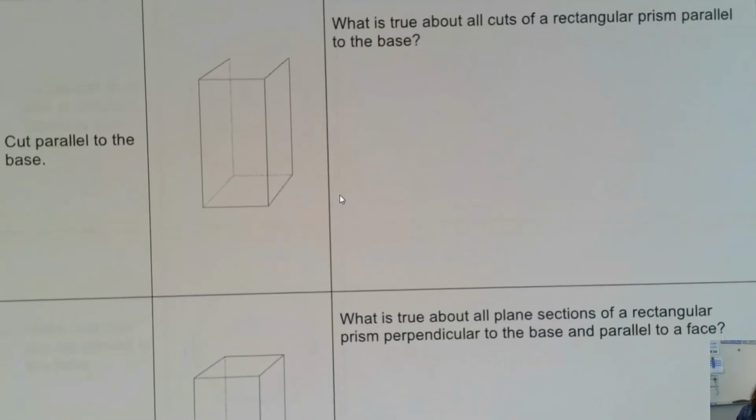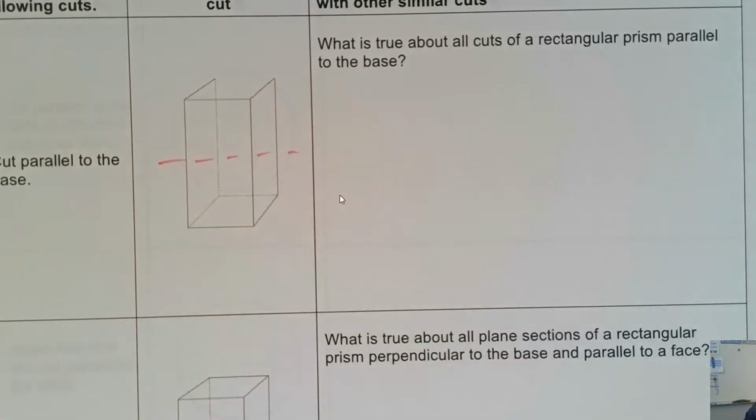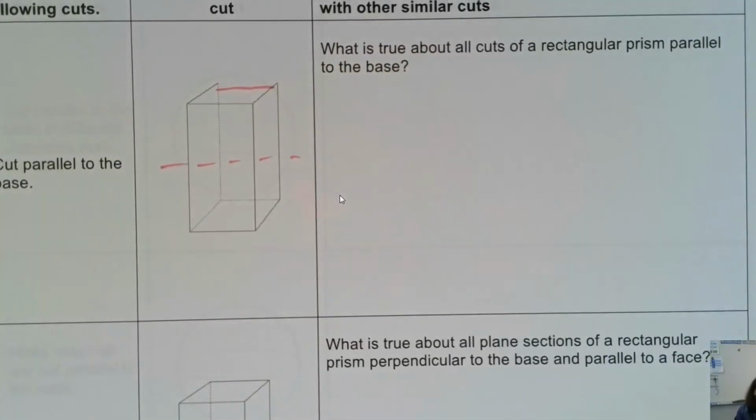All right, now we're going to take a look at how this applies to a rectangular prism. All right, I cut parallel to the base. Remember, that could be high or low. I don't know why this did not form. So the plane section will always be the same shape as the base of the prism.